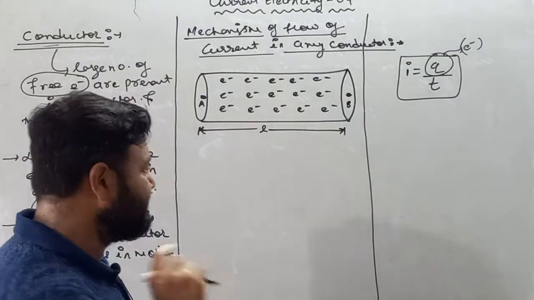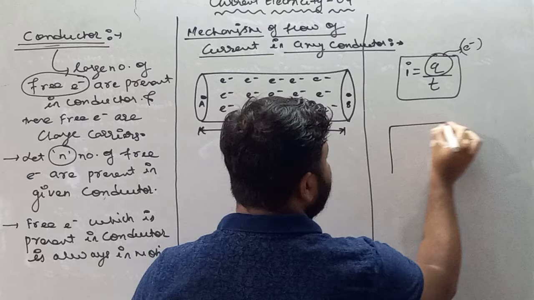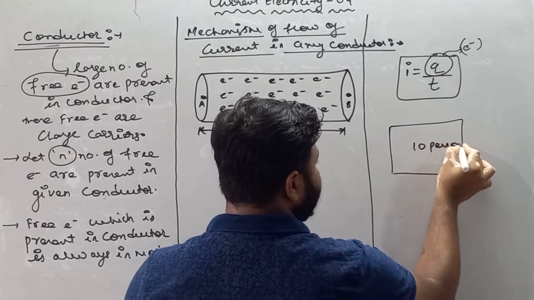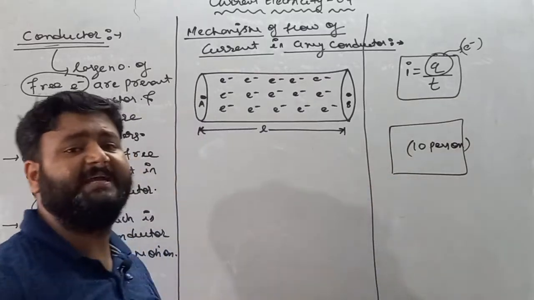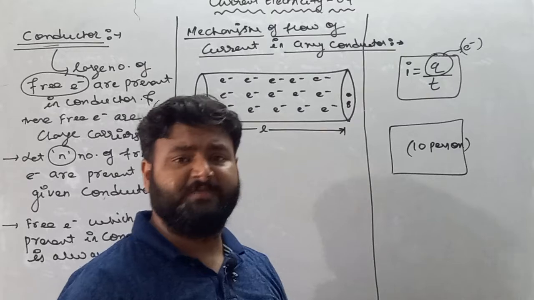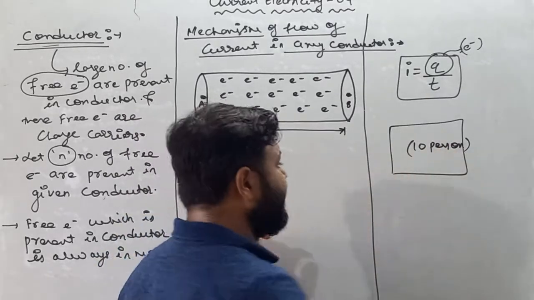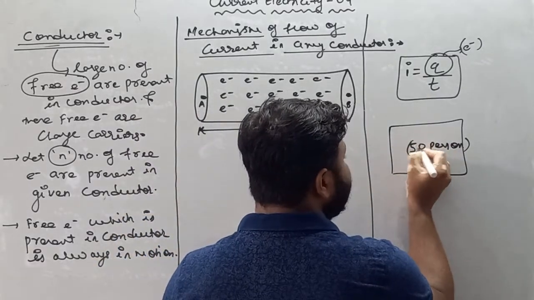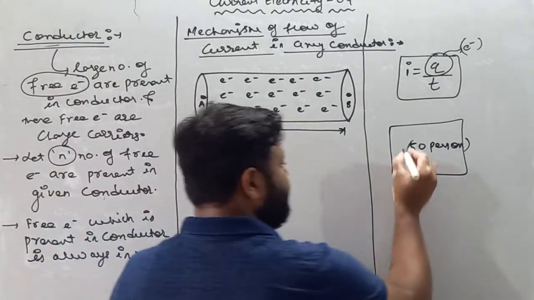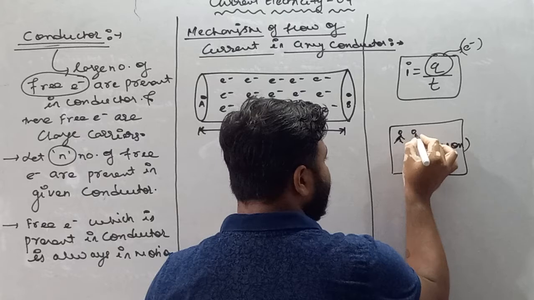And my dear students, see, let's suppose we have a room whose capacity is 10 persons, but I'll put 50 persons in this room. Now there are 50 persons in this room.